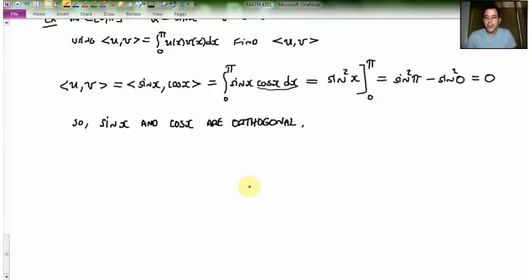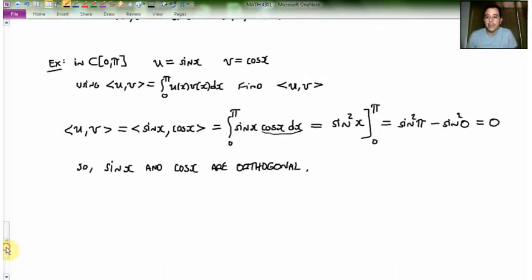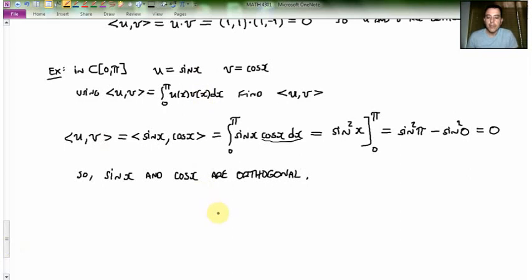Now again, don't confuse this with orthogonality of the graphs of those functions, because it's not the same thing. If you graph this function, it would be something like this. Cosine is something like that. It has nothing to do with the graphs of those functions. In this space of continuous functions, they are considered vectors, and using this inner product, they're points in the space.